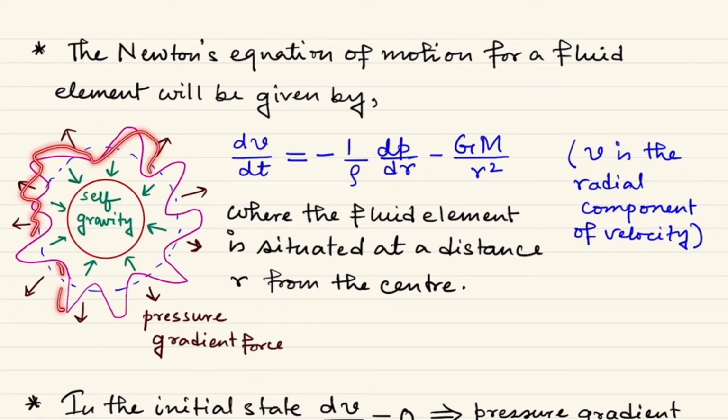You can see that more or less, at a distance r from the center, you have the same nature of the perturbation, irrespective of whether you are here or here or here. So this is a rough image.